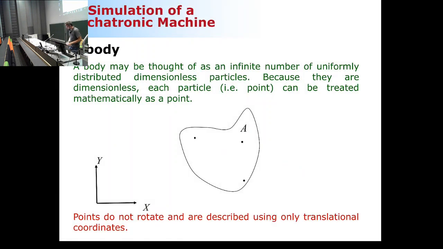Something very important for you to understand is that we have a body, and the body can have any shape, like a beam-like body, this one, or a potato-shaped body, the one shown in my slide. But when you look deeper, what are the ingredients that make a body? From a mathematical perspective, the body consists of an infinite number of particles.